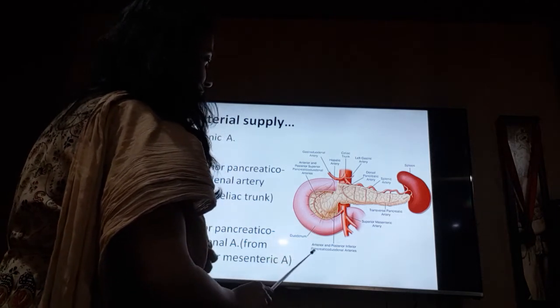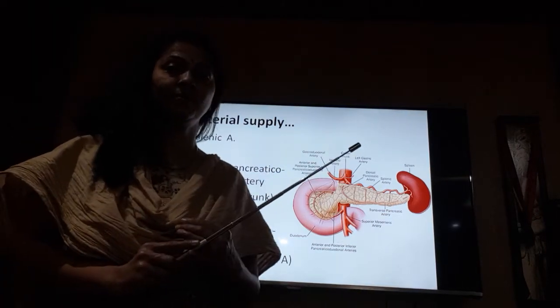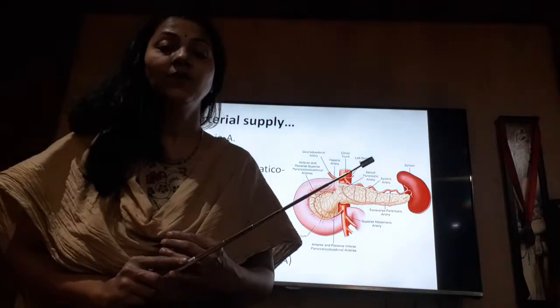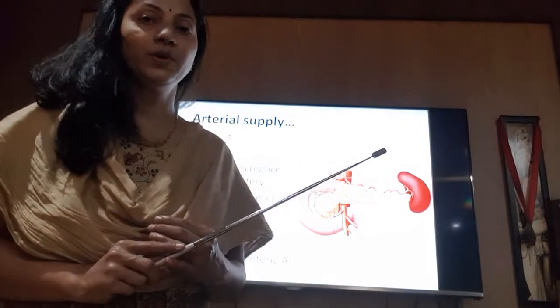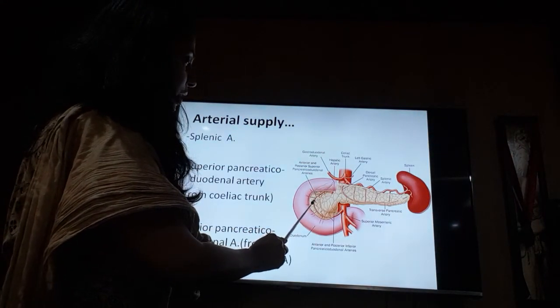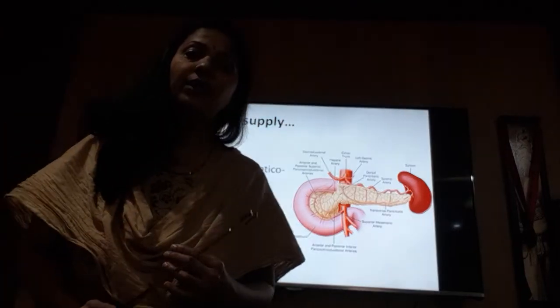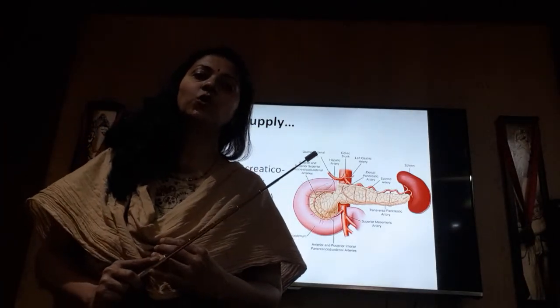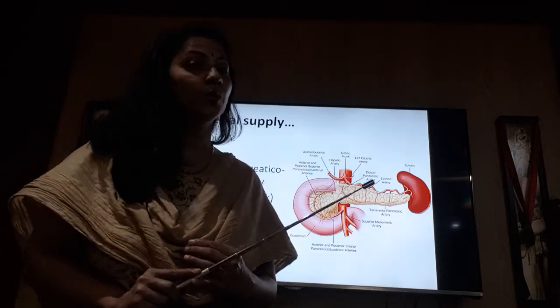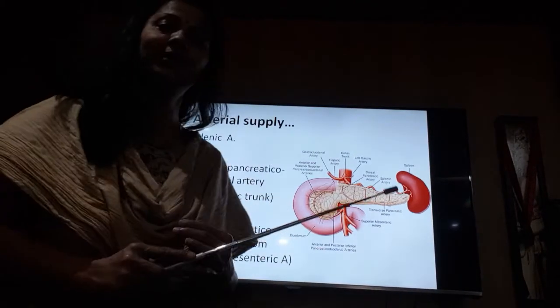This is pancreatico-duodenal artery again, but we had talked about the superior pancreatico-duodenal artery here. So this was the superior pancreatico-duodenal artery. So this has to be the inferior pancreatico-duodenal artery, and both are anastomosing.